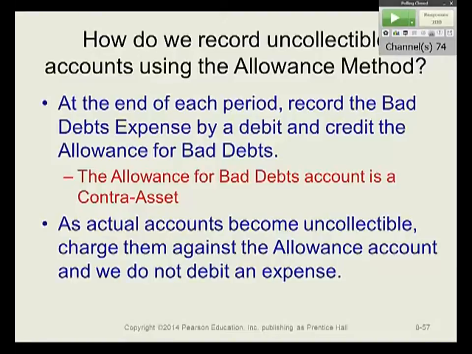And it's going to credit an account called the allowance for bad debts. Now, the allowance for bad debts is a contra asset account, just like accumulated depreciation.